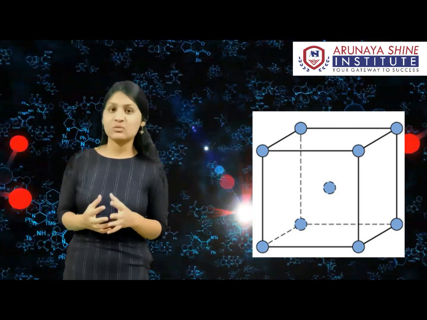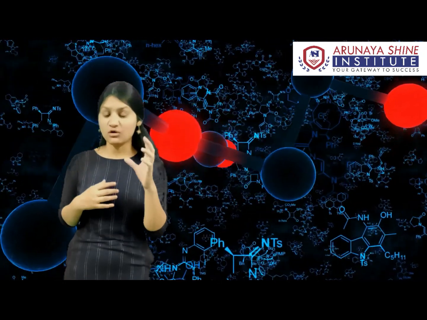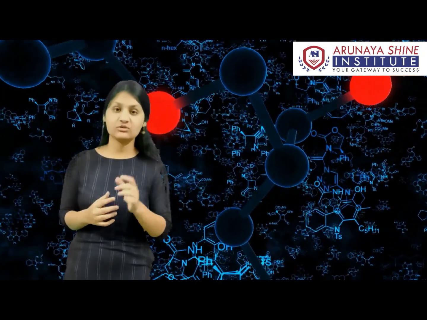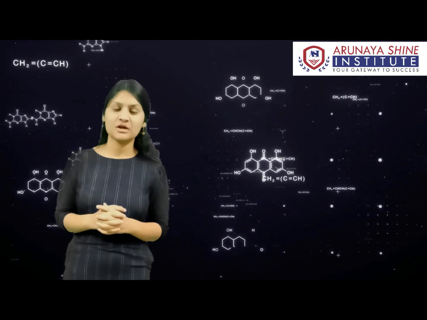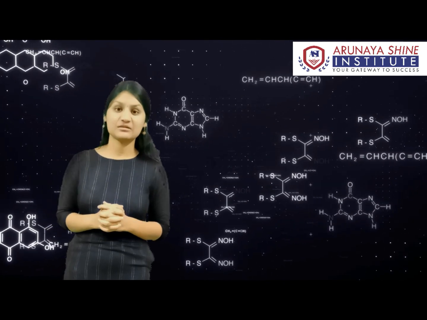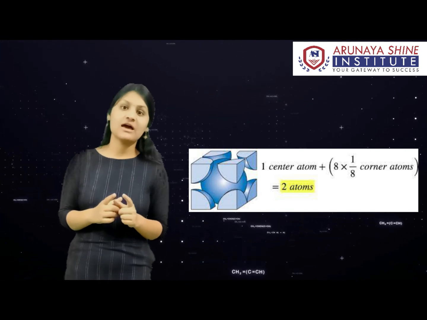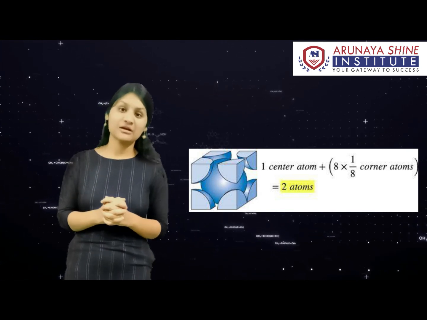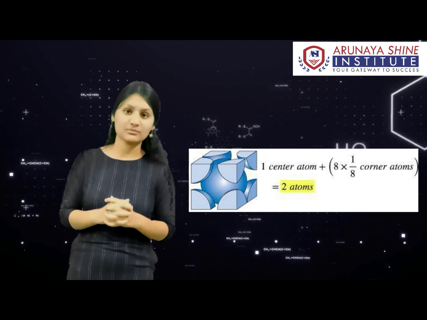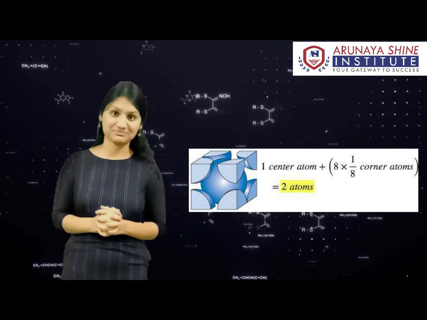So if I ask you what it is sharing, it is not sharing with anyone. So the contribution it gives to the unit cell is 1. Now I have to add it. What is the total number of atoms? The corners give me 1 atom contribution and the body center gives me 1 atom. So the answer becomes 1 plus 1, 2 atoms.